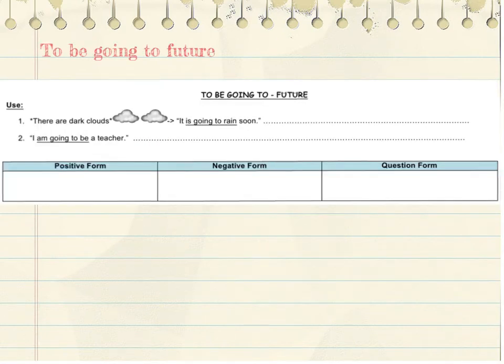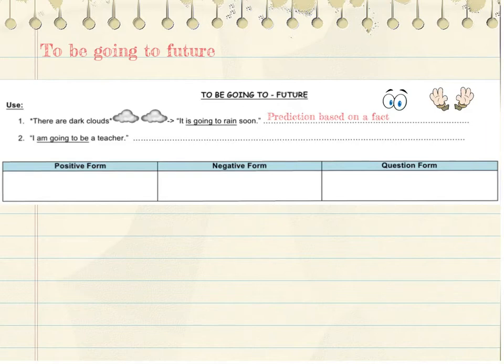Okay, so in this next part, we're going to focus on the to be going to future. And here there are 2 main uses. We often use to be going to future for something that we can see that is going to happen, or that we feel is going to happen. So we use to be going to future for a prediction based on a fact.